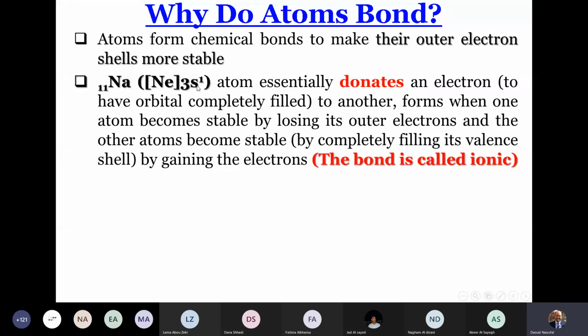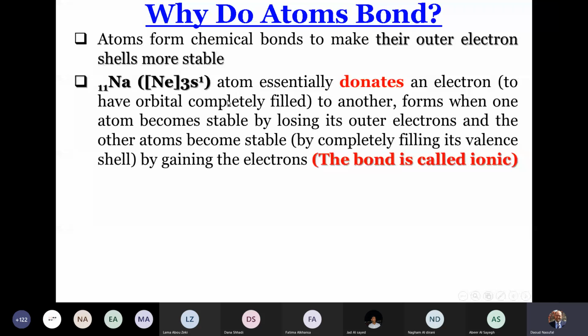It is easier for sodium to lose this electron than to gain 7 electrons. So the sodium will donate an electron to another atom that needs electrons. The electron is transferred completely from sodium to another atom that needs electrons.